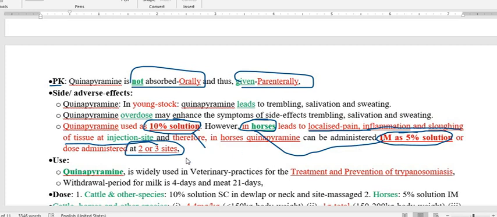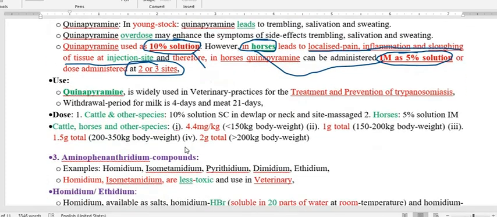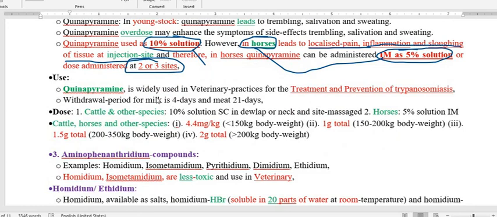So quinapyramine is used both as 10% and 5%: 5% for the horse, and 10% for the other species.